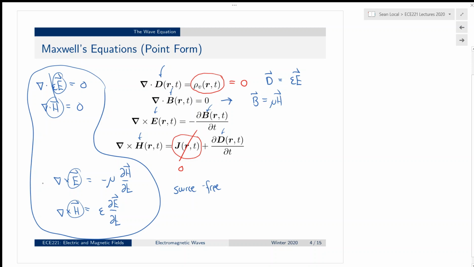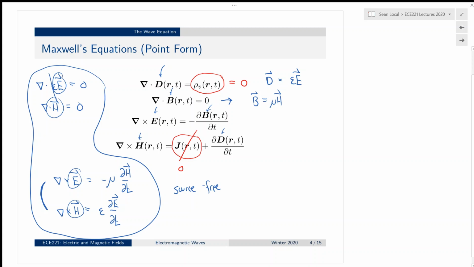But their curls are interrelated. So this is the constraint between E and H that we see now. The curl or circulation of E is related to the time derivative of H, and the circulation of H is related to the time derivative of E. So now E and H are very, very tightly related with each other.